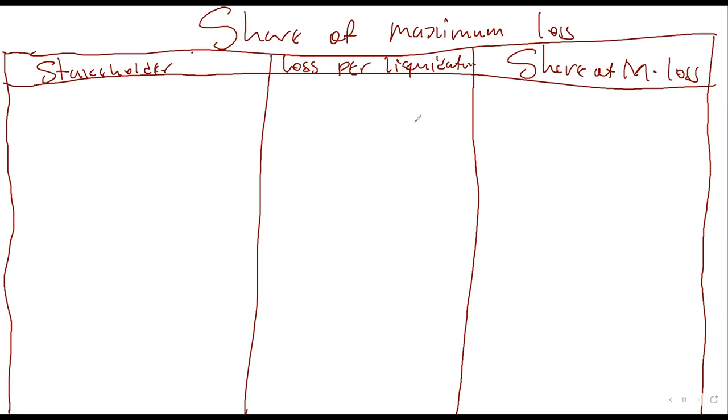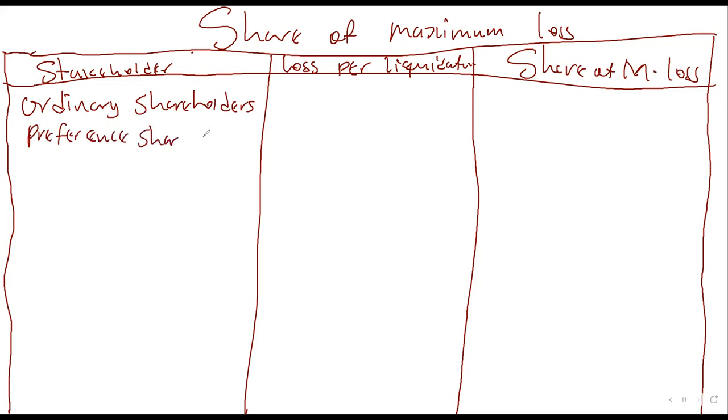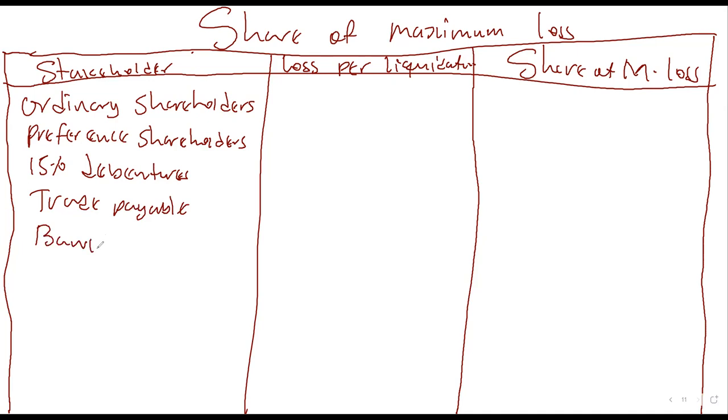So recall the stakeholders again: ordinary shareholders, 15% debentures, trade payable, bank overdraft, accrued expenses.